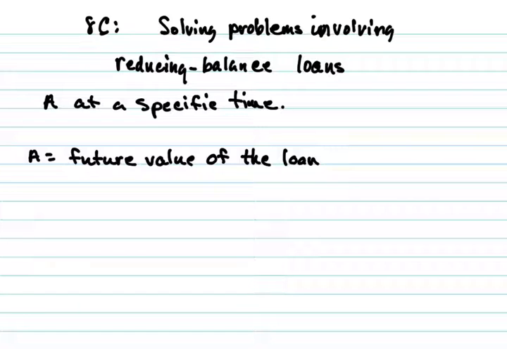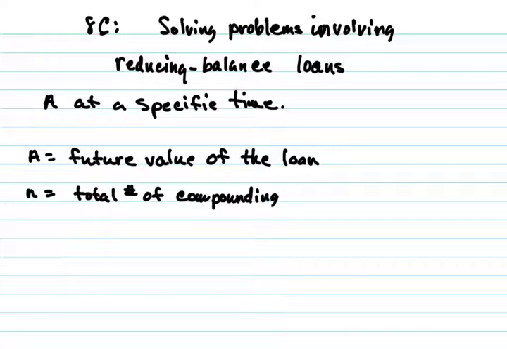Now, we also need N, and that is simply the total number of compounding periods. So, for example, if I compound for 4 years monthly, that's 4 times 12 or 48 compounding periods. So be careful when you have more than one compounding period.